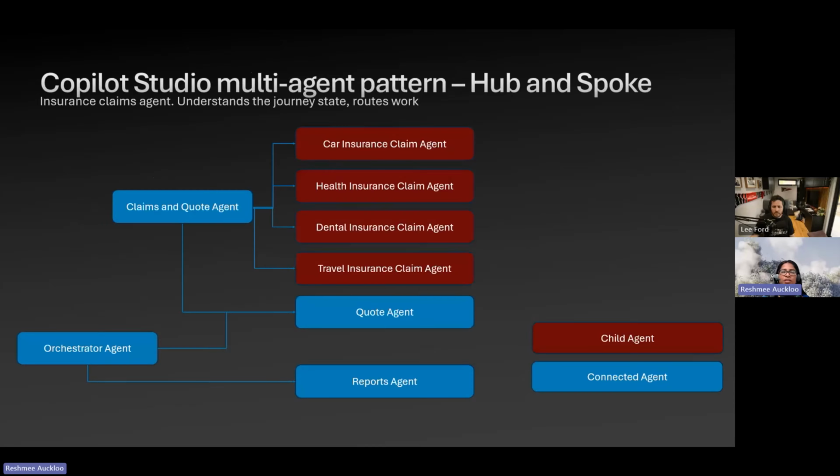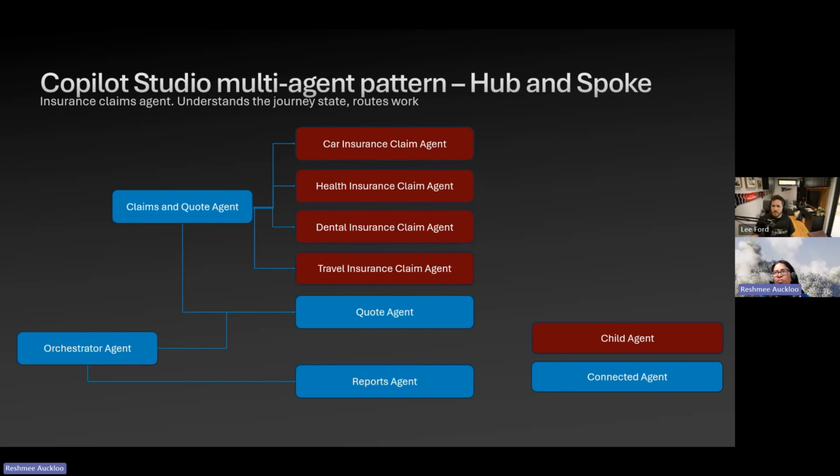So I have a particular scenario which I built. This is an insurance claims and code agent. This will allow the end user to submit an insurance claim, as well as request an insurance code. What I have colored in red are the child agents, and colored in blue are the connected independent agents.